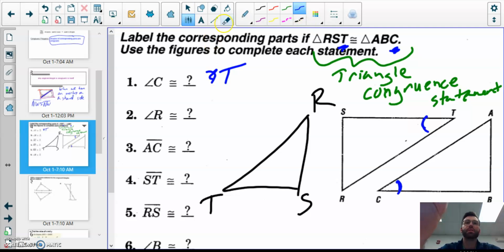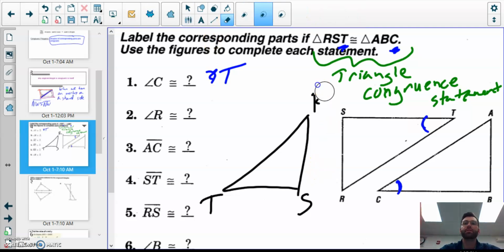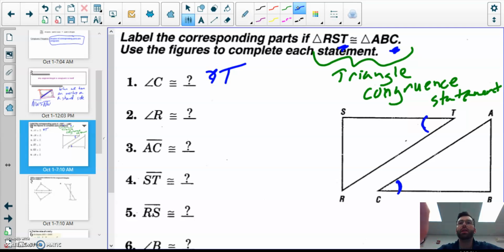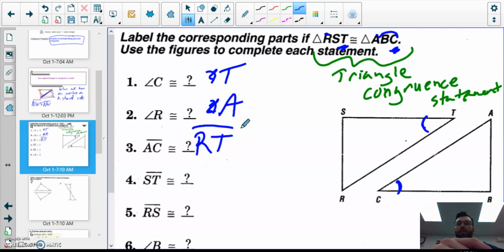I'm going to erase this other figure, just so I can give myself some room to write. So angle R, the first letter, is congruent to angle A. You may be able to pick this up pretty quickly. AC, one tick, is congruent to RT, one tick, as well. ST, two ticks, is congruent to BC.